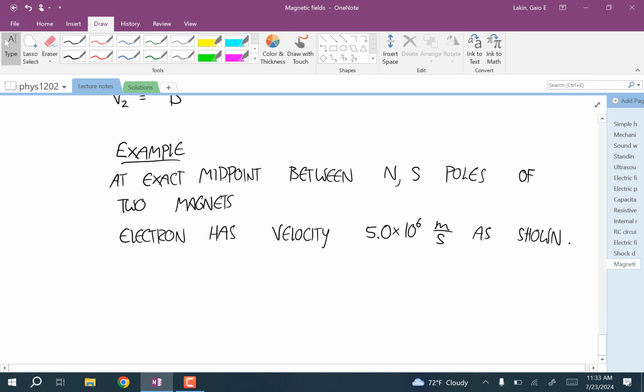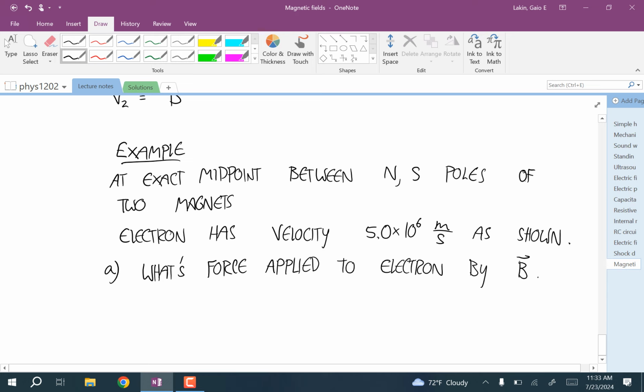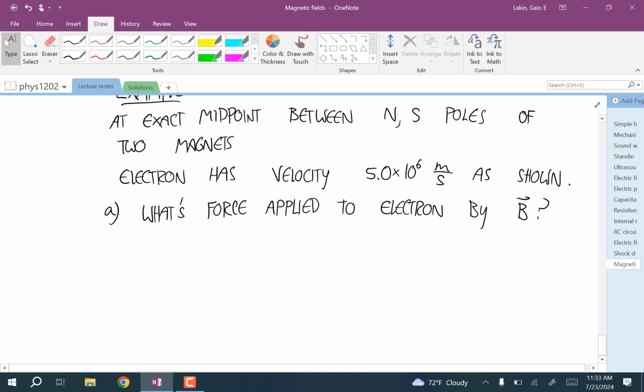And we want to figure out first, what's the force applied to the electron by the magnetic field, so by that magnetic field vector.